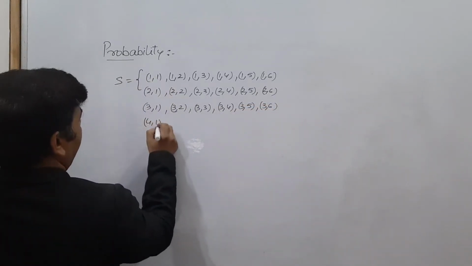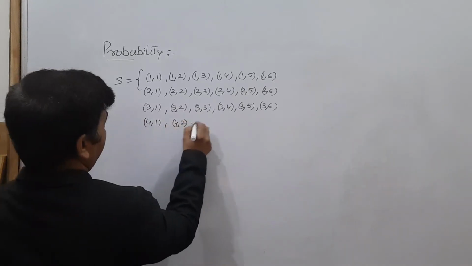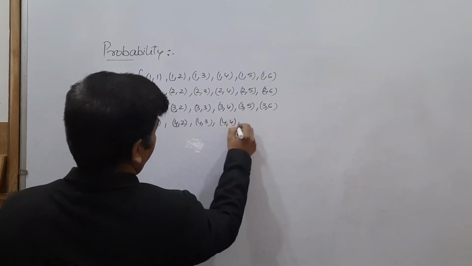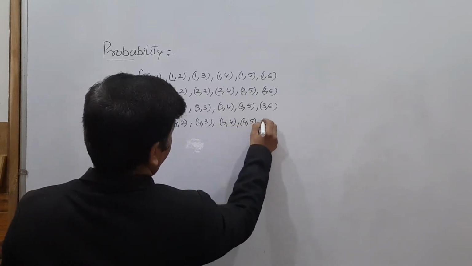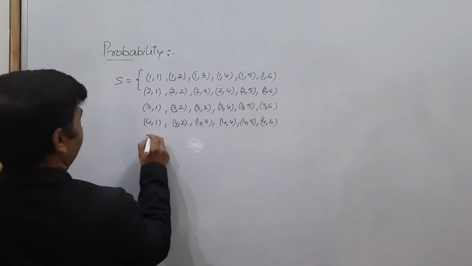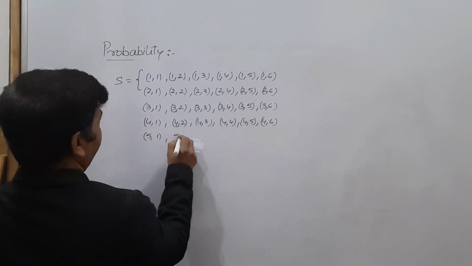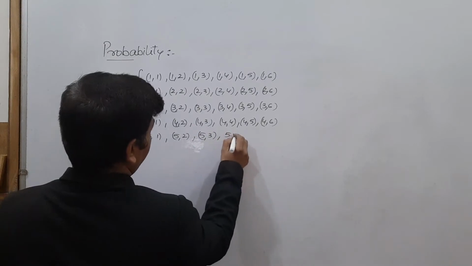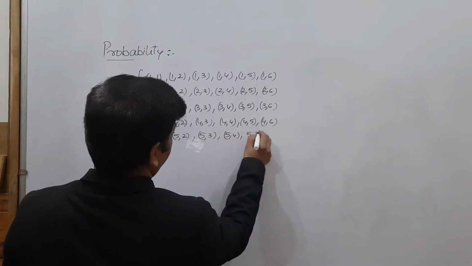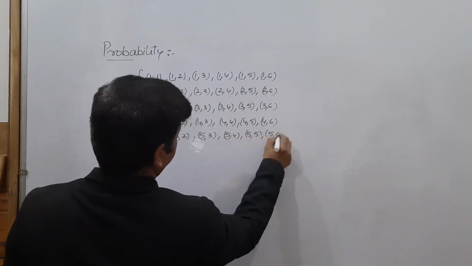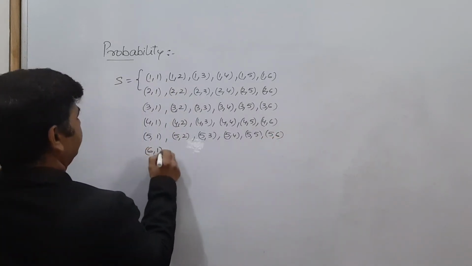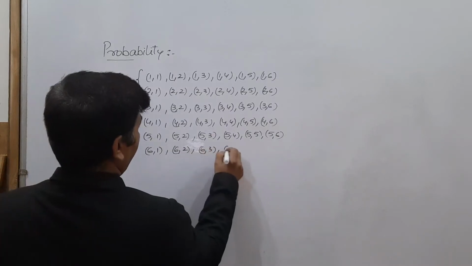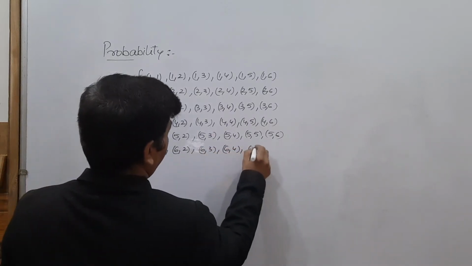Then 4 1, 4 2, 4 3, 4 4, 4 5, and 4 6. Then 5 1, 5 2, 5 3, 5 4, 5 5, and 5 6. The last may be 6 1, 6 2, 6 3, 6 4, 6 5, and 6 6.